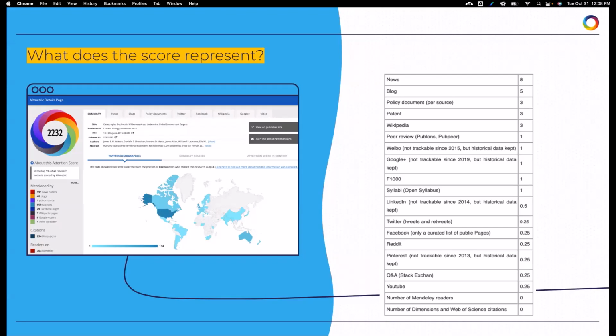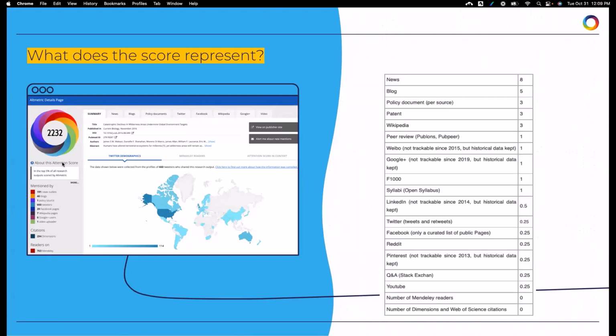The numbers that you see here on the right will be a combination, and being part of a news article is going to give you a higher score than if it's mentioned in a tweet, for example. Everything has a combination of scores, and you can see the attention score.